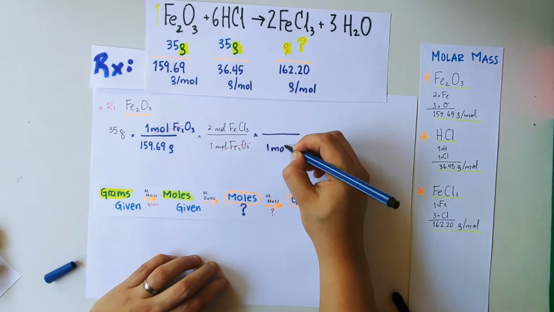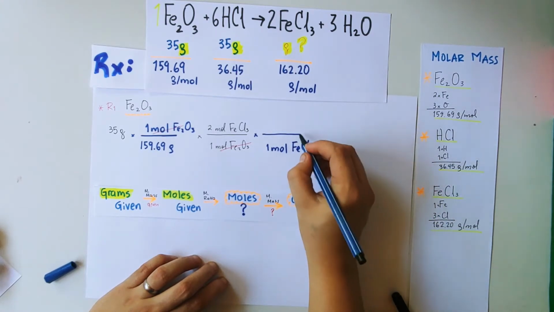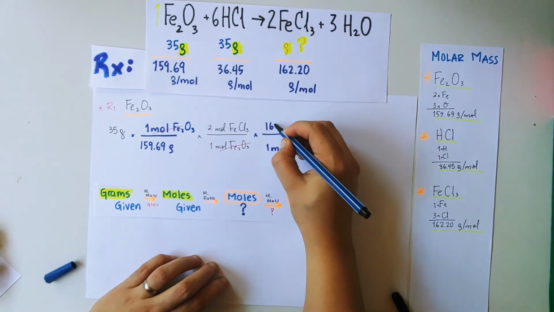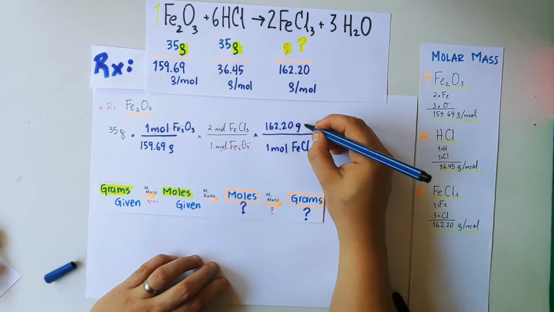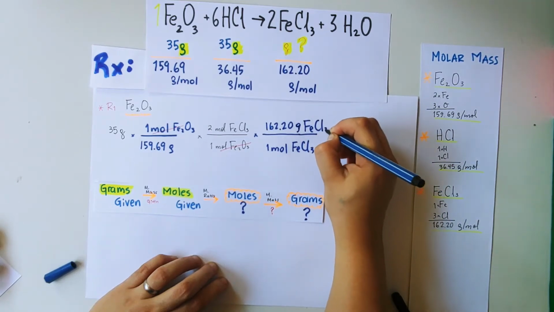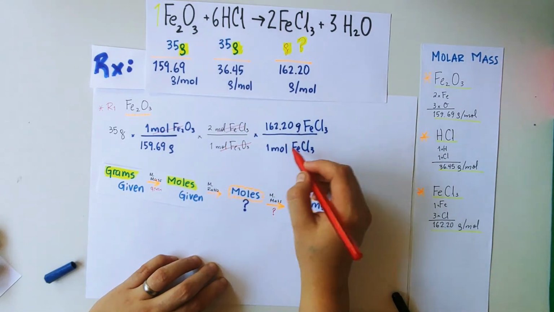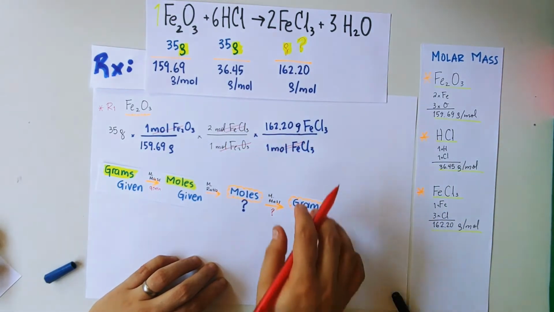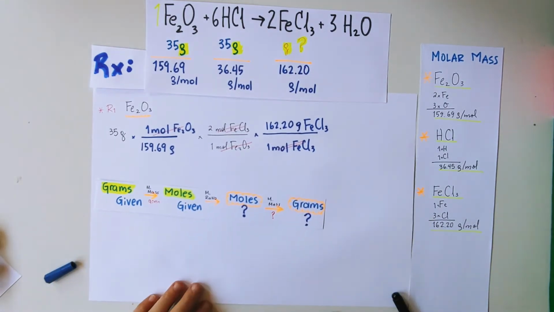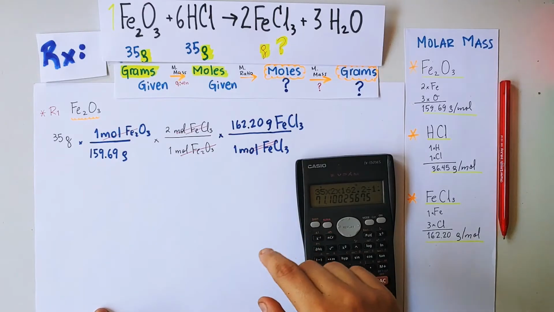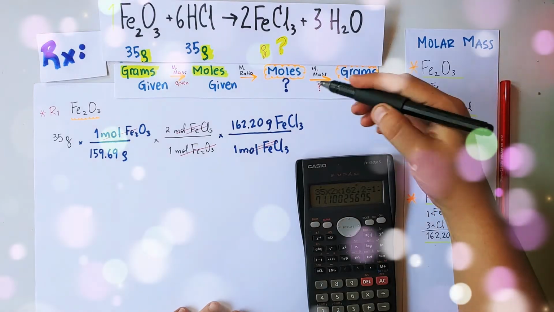In 1 mole of FeCl3, iron-3 chloride, I have 162.20 grams of the same substance. With this, you cancel like that. And in total, when you perform this in your calculator, I did the procedure and I got 71.10 grams.